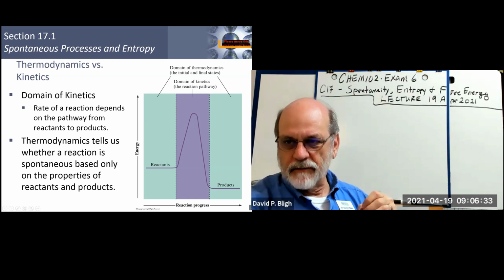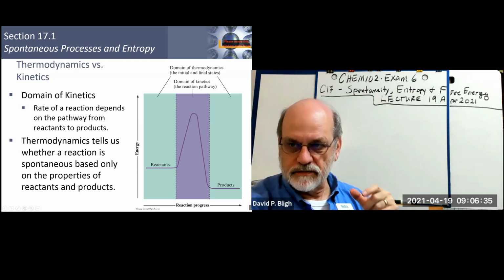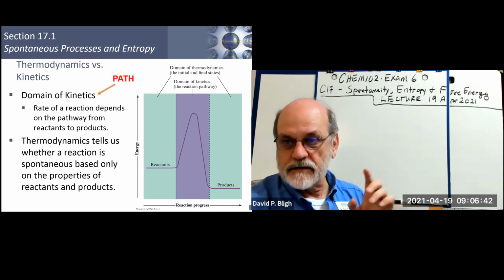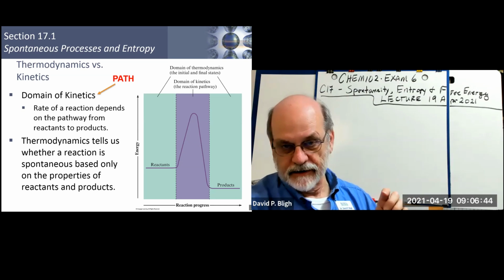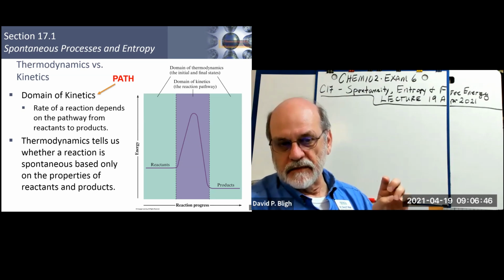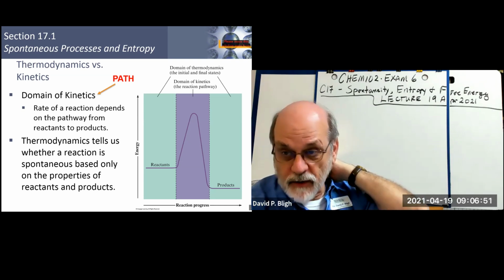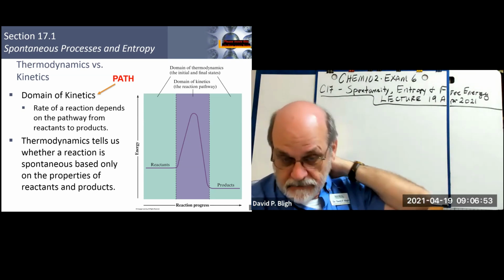And there's a major difference between the two approaches. The topic of kinetics references path functions. In other words, the speed of the reaction does depend upon the path that the reaction takes.